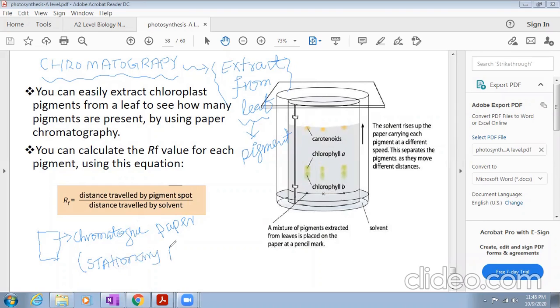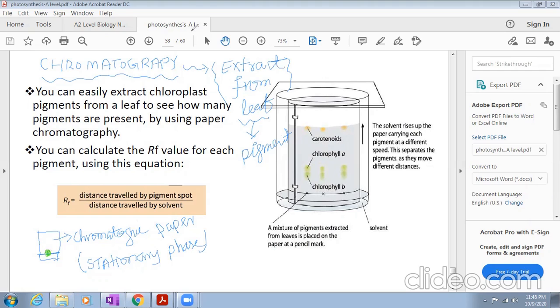Okay, on this paper, what we will do is make a baseline with a pencil, a line, and after that we will put our pigment, the extract, here. So we will mark it. From here we will know how much distance it is traveling.